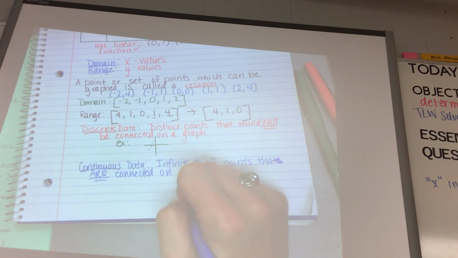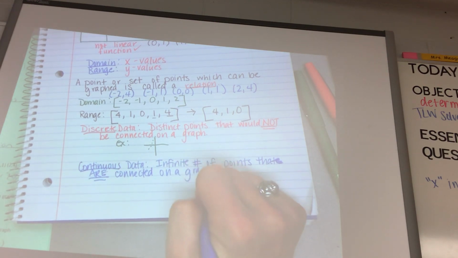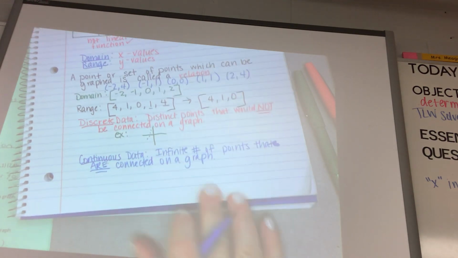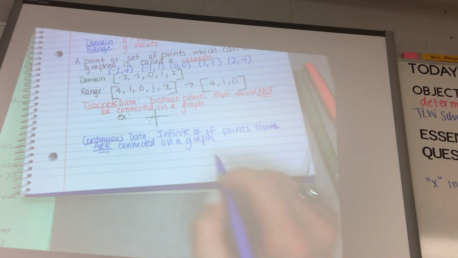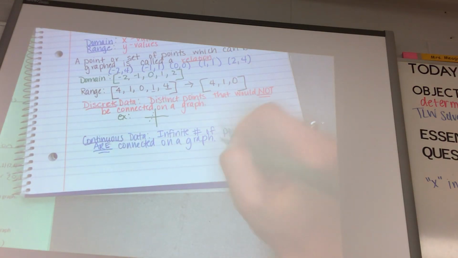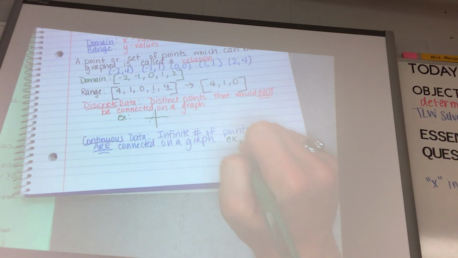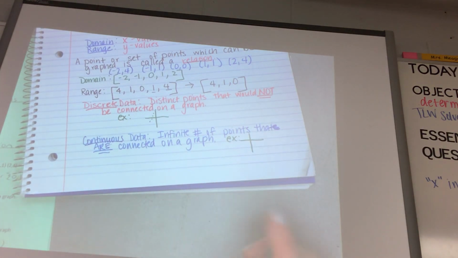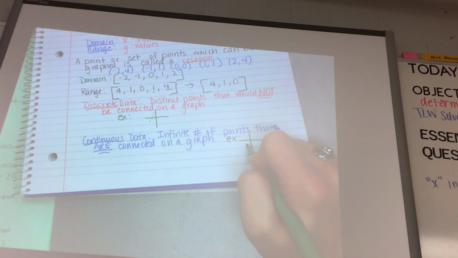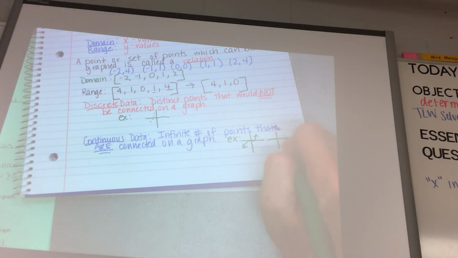Okay, so an example of continuous would be this. We have this. They're all connected, basically connecting the dots. Or this. Okay, there's a line. There's a line that connects all the dots. It's not just dots. This is continuous. This is what's called discrete.